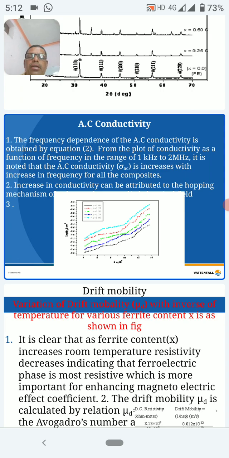You will see here that as frequency increases, AC conductivity increases. That's why it is almost a linear graph. The increase in conductivity can be attributed to the hopping mechanism in the localized sites. The conduction is due to localized electric charge carriers called small polarons, which are responsible for good ME response.